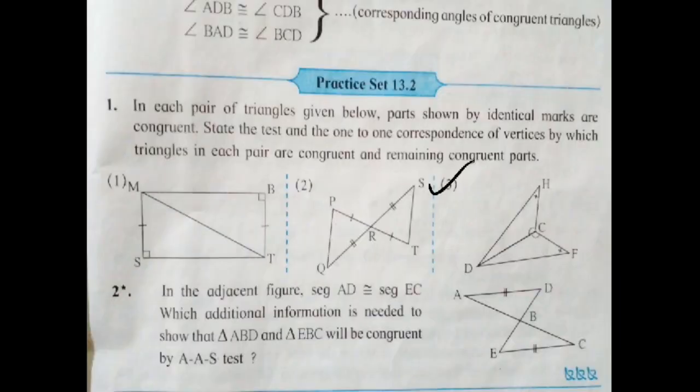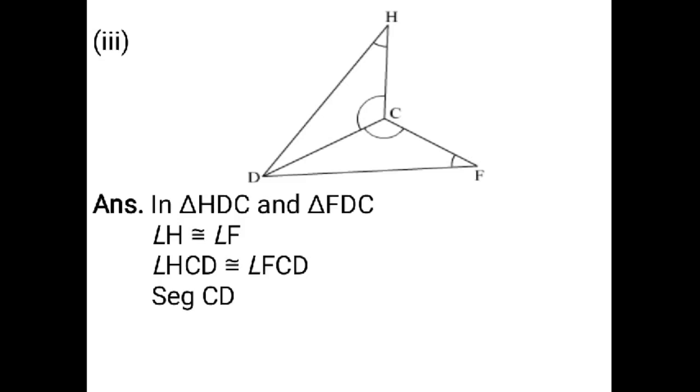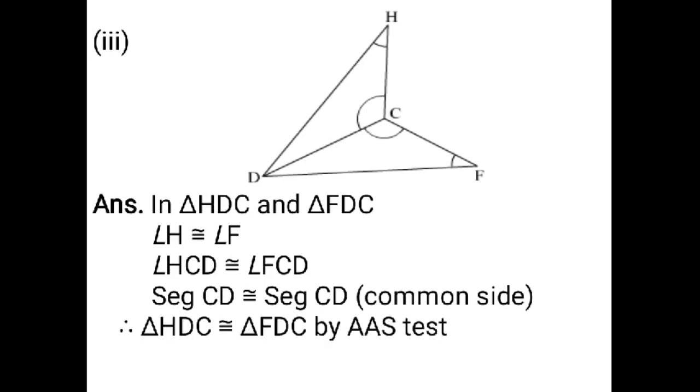Next, in triangle HDC and triangle FDC, angle H is congruent to angle F. Angle HCD is congruent to angle FCD. Segment CD is congruent to segment CD, in bracket common side. Therefore, triangle HDC is congruent to triangle FDC by angle side test.